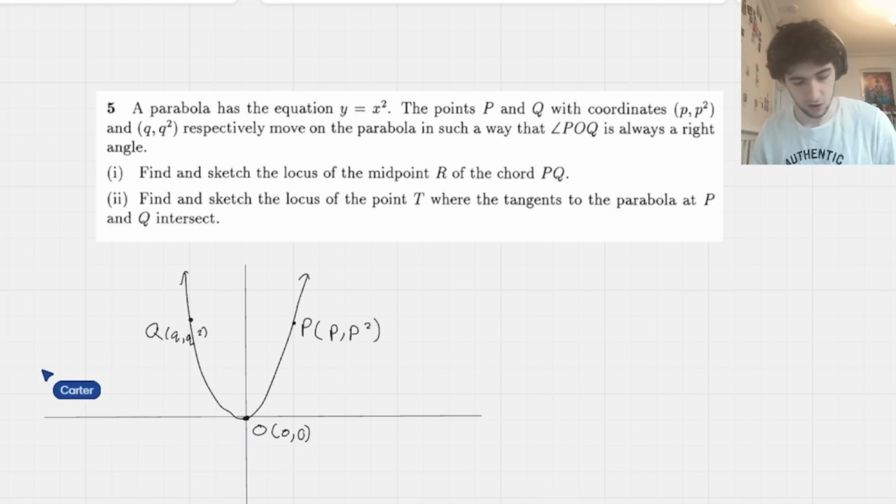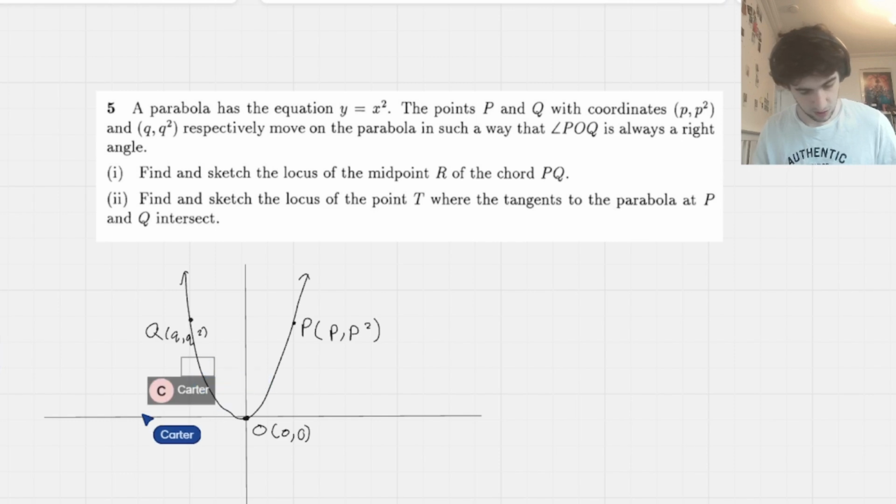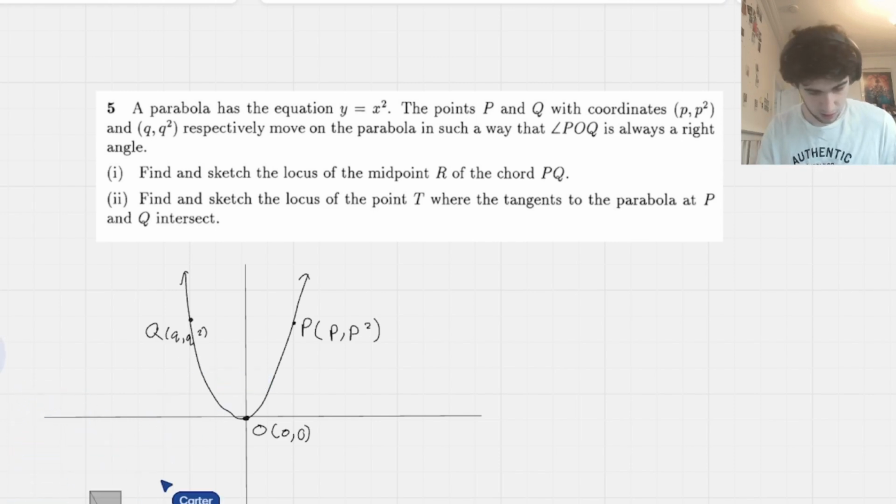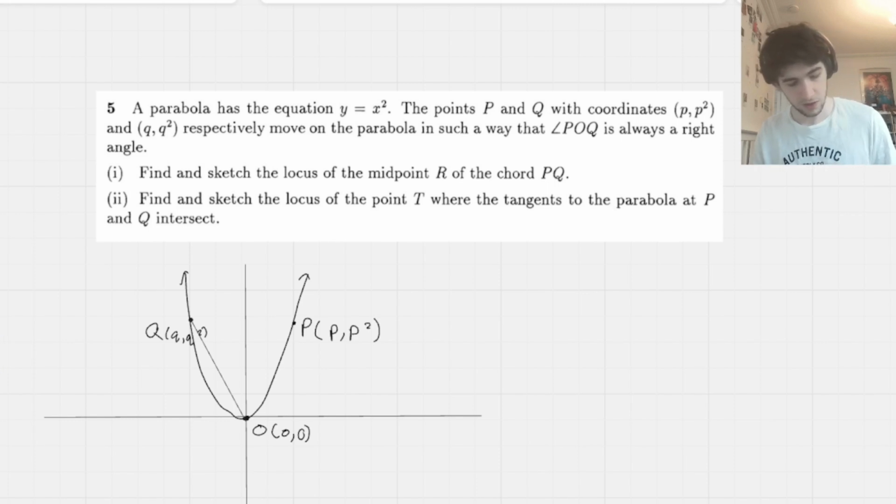And we're told that the angle between, so this angle here, if I can just draw it. What we care about is this angle here. So QO, we're constructing a line connecting those 2 points on the parabola, but we also want another line connecting O and P, and then we want to find the angle between those two lines.